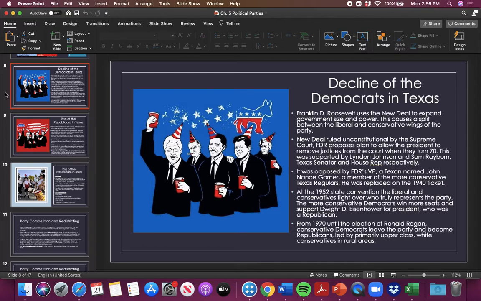And so as we get into the 1950s, there is a split starting to occur in the Democratic Party where the more conservative Democrats actually support a Republican candidate for president, which is Dwight D. Eisenhower. And so after the 1950s, the more conservative Democrats will leave the Democratic Party and go to the Republican Party.